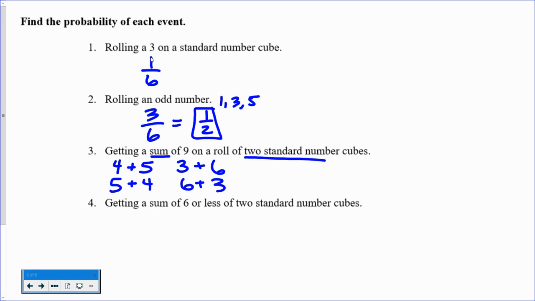There would be no other options, so that means there are 4 out of, now think about how many there would be. We could list all of them out if you want to. I don't want to.